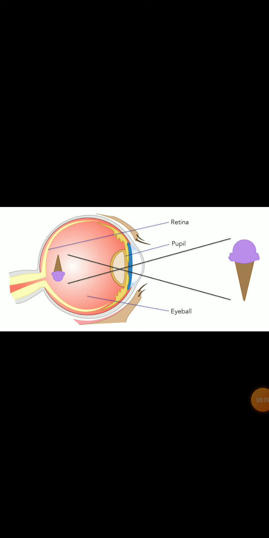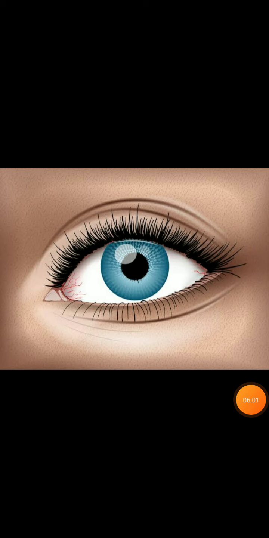What is the definition of accommodation? So remember, the ability of the eye lens to adjust its focal length is called accommodation. Now, try to read a textbook by holding it very close to your eyes. Will you be able to read?